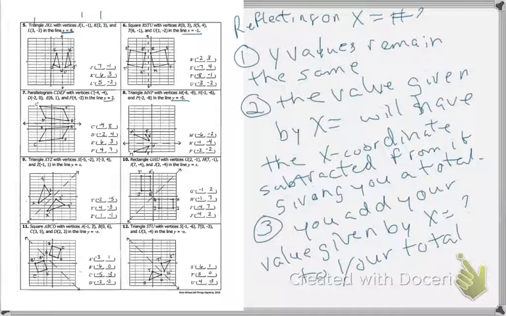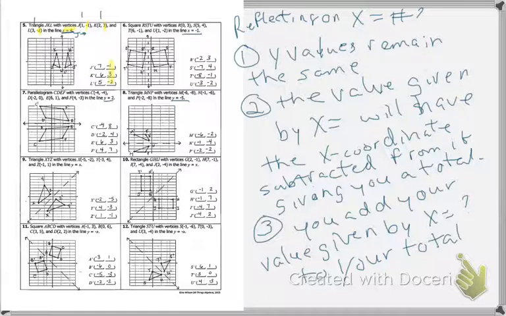So take for instance number 5, x equals 4. This is my x value given. All my y's will remain the same. The only thing that's going to change are all my x values. So for J, after I know that all the y values stay the same, step number 2 says the value given will have the x coordinate taken away.